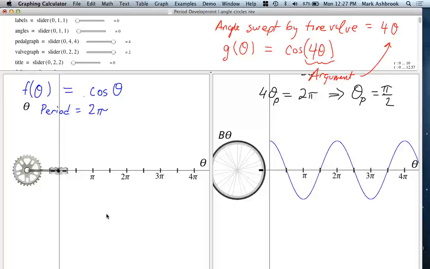So that's the f function that you've already drawn. So what will G look like when I start sweeping out the pedal angle, theta? So what will it look like?